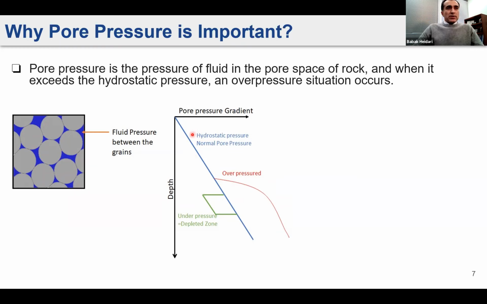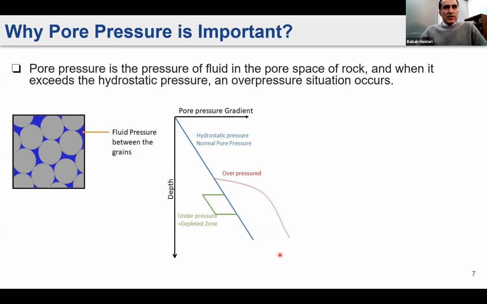Hydrostatic pore pressure is the simplest scenario. Basically it's the hydrostatic column of fluid, which can be water, oil, or whatever. If there is a depletion, we expect under-compaction, so less than hydrostatic. And overpressure is something challenging, interesting, and needs to be elaborated further.